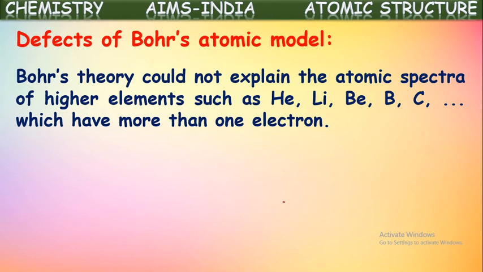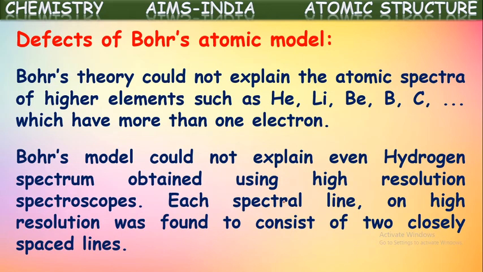This theory could not explain the atomic spectra of atoms with more than one electron. It is applicable only to single electron species like hydrogen or hydrogen-like ions, which contain a single electron. This is a major limitation of Bohr's model of the atom.